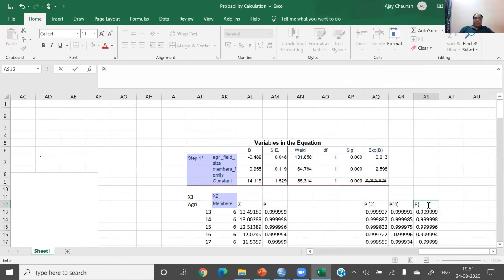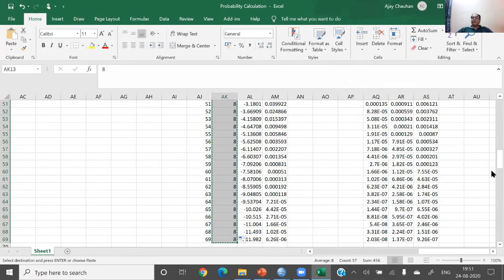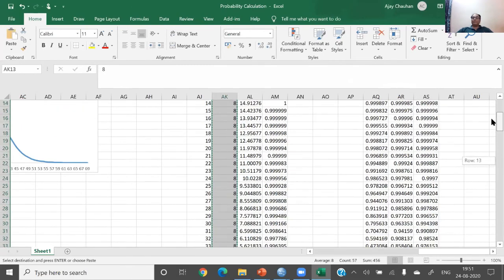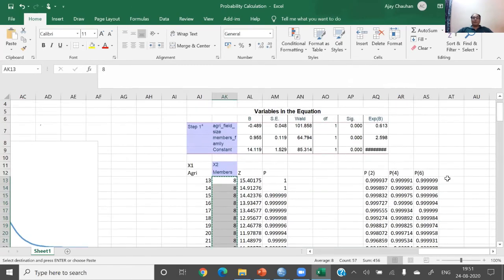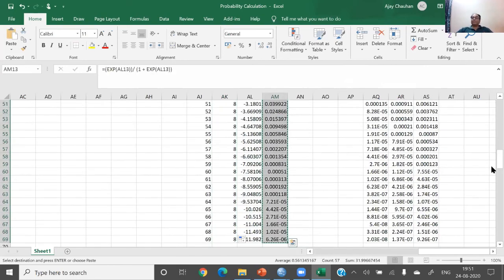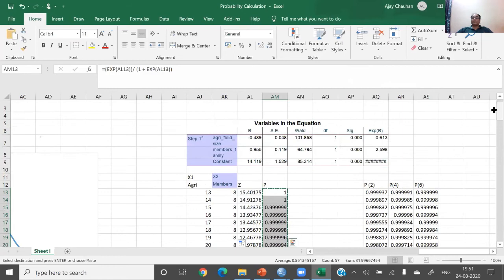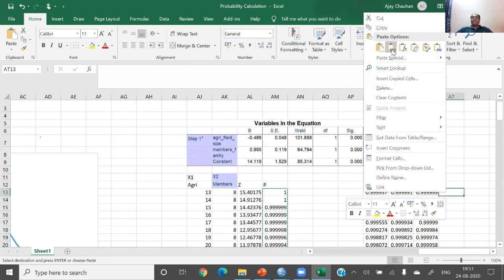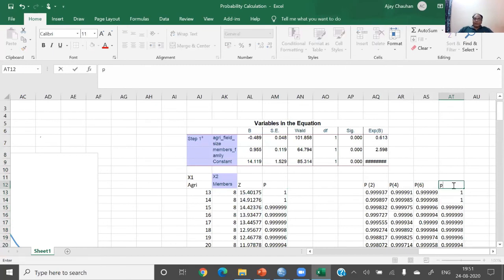Let me do 8 again. You can keep these numbers according to your choice, that is not a problem. I copy the probability again. This is the probability when the members are 8. Now I just want to plot these graphs.